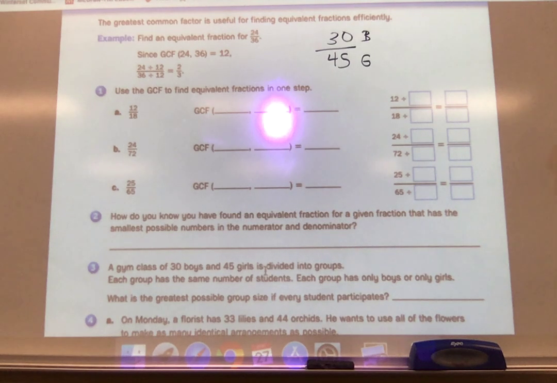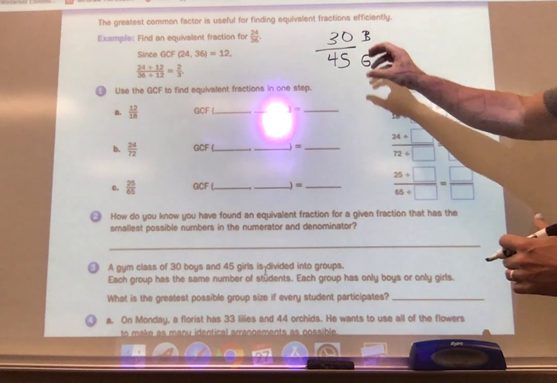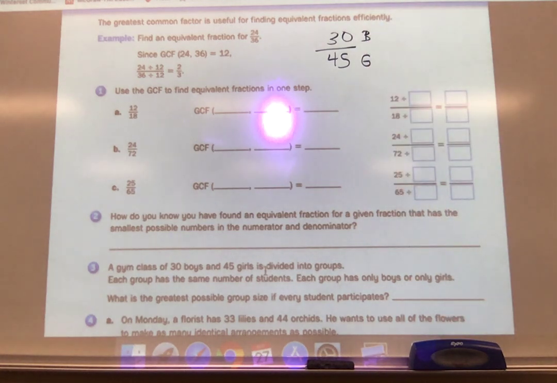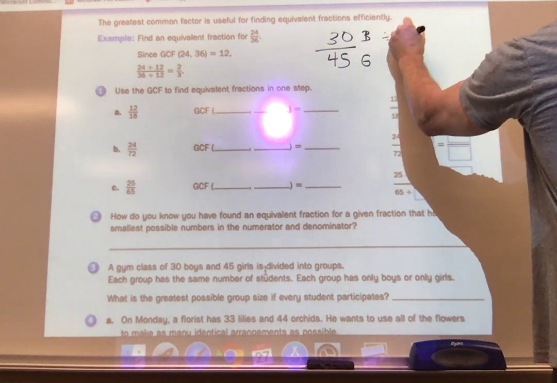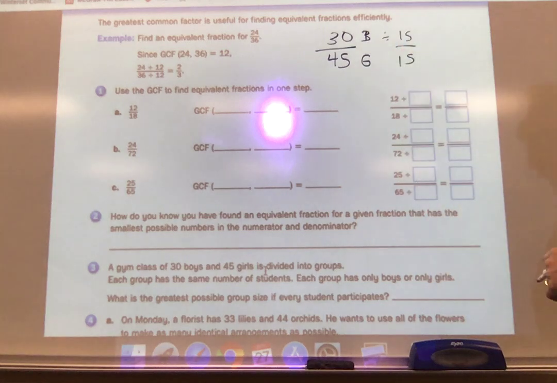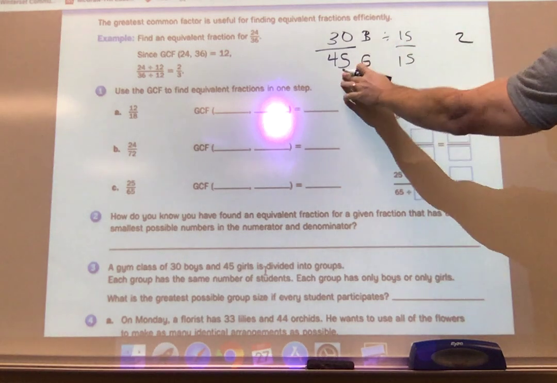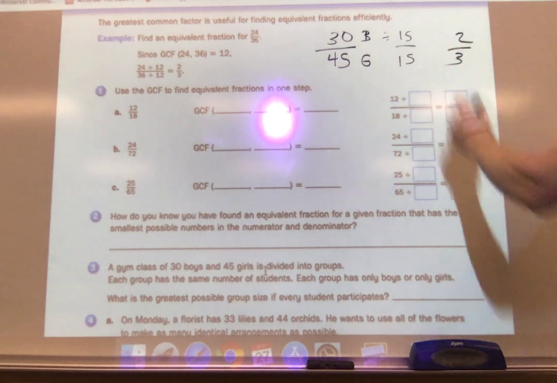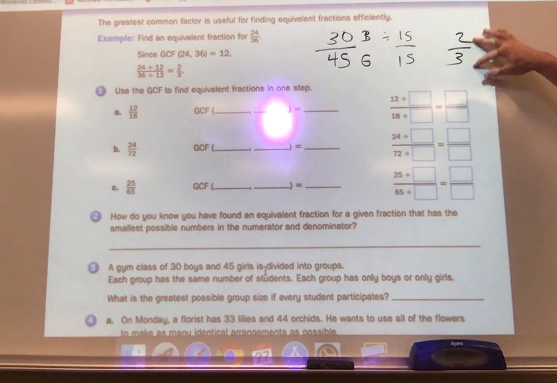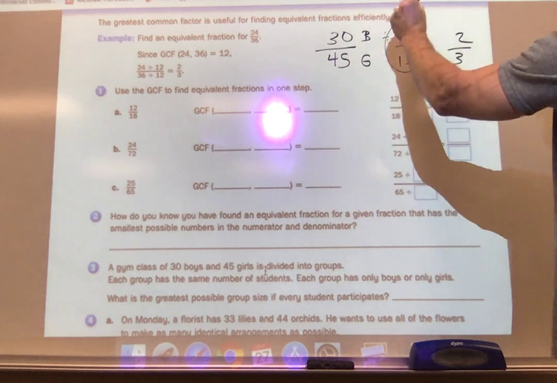Again, that's basically just the greatest common factor. And I know my facts here, and I'm not going to need to do the grid method, but I could. I know these both can divide by 15. So if I divide them both by 15, 30 divided by 15 is 2, and 45 divided by 15 is 3, and I get it down to 2 and 3, and I know that's relatively prime, then I know 15 is my answer. That's my greatest common factor.